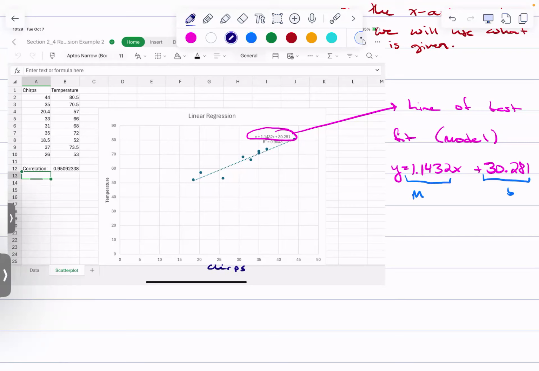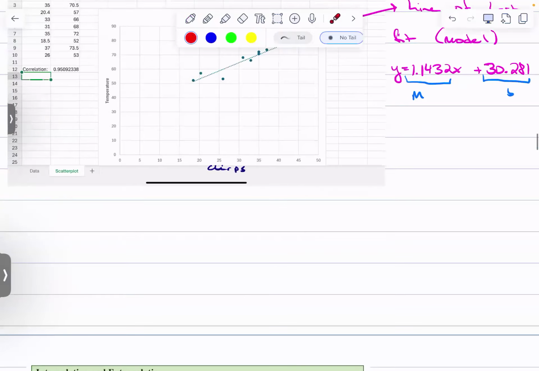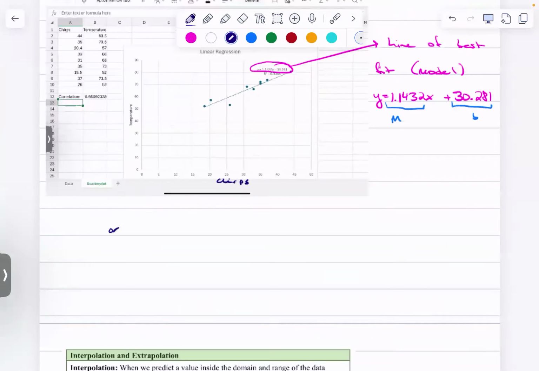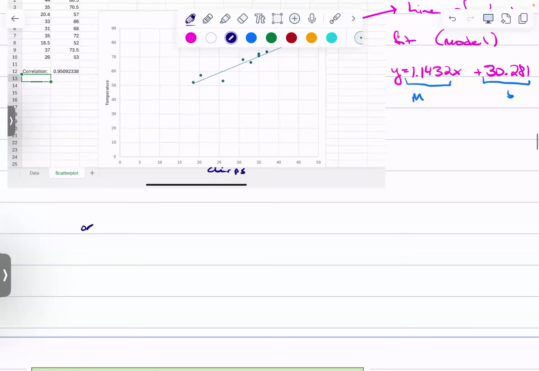You could rewrite this where y is the temperature and x is the chirps, in terms of the variable names, which might be helpful. So the temperature is equal to 1.1432 times the number of chirps plus 30.281.